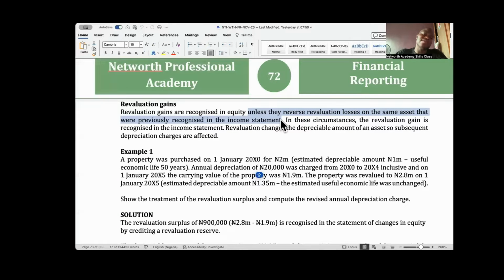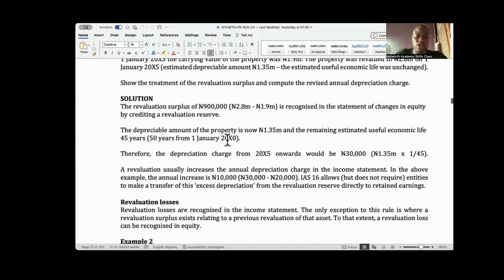That is, if there is an earlier revaluation loss, meaning there was a revaluation in the previous year and we had a loss, and we now did revaluation in this current year and we have a surplus, don't take that surplus to equity yet. Go and use it to net off the earlier revaluation losses. If there is any excess above those previous losses, those are the ones that can go to equity. I'm sure it will be clearer when we see one or two questions.